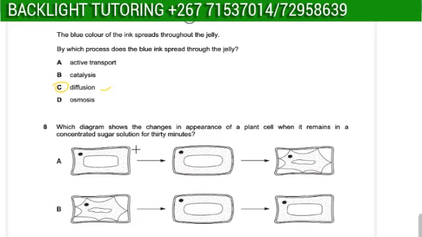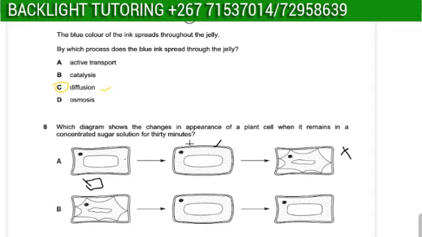The problem with this one, remember, the plant cell has a regular shape, right? When we look here, the regular shape is in the second step. So this one becomes wrong. The regular shape must begin.